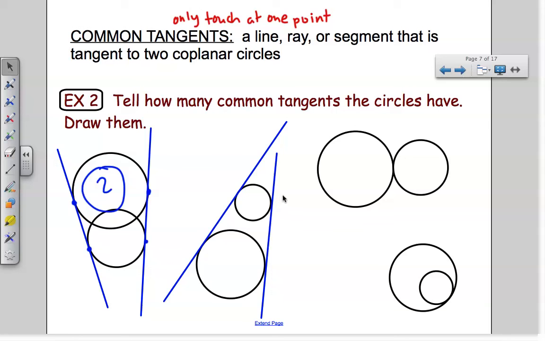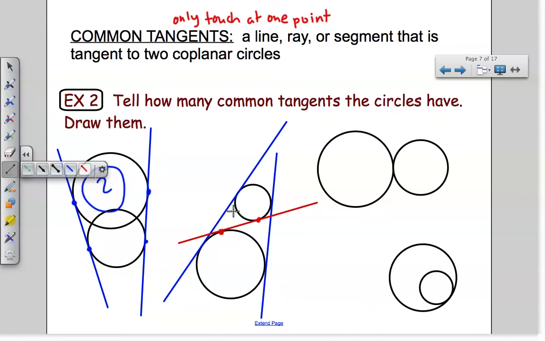There's actually two more lines that you can draw that would be tangent to both circles. What about going through the middle and hitting both circles in exactly 1 point? Adjusting this just a little bit so it looks really good, but this would be tangent to the small circle, also tangent to the larger. There's a common tangent.